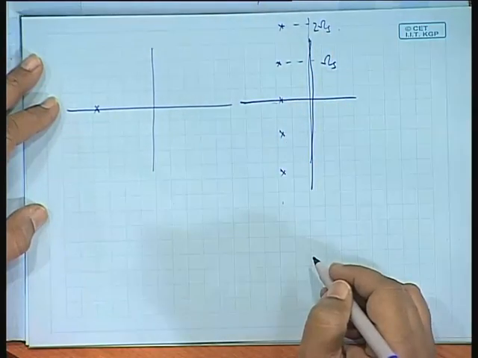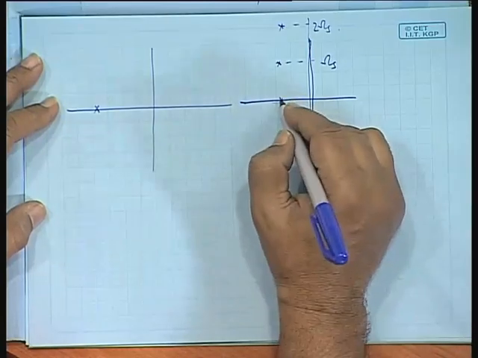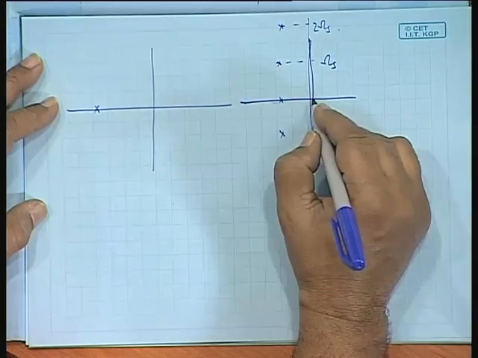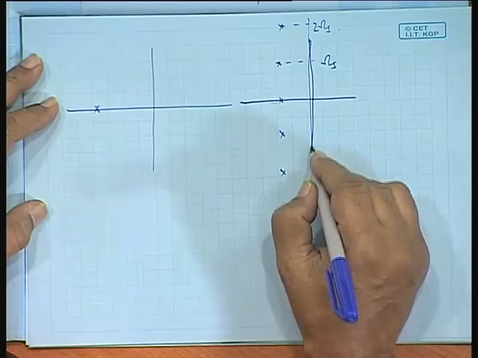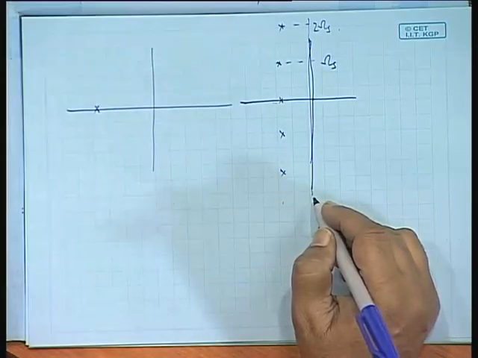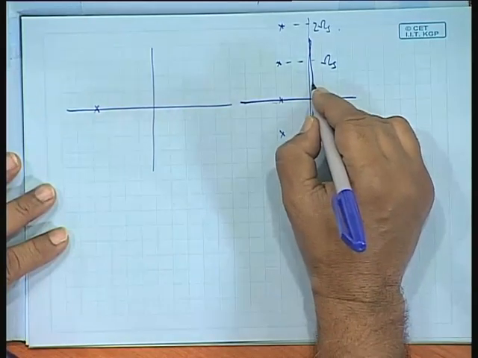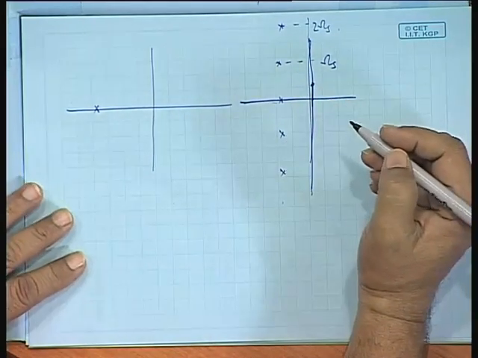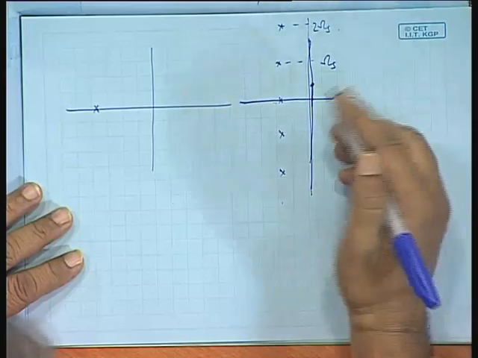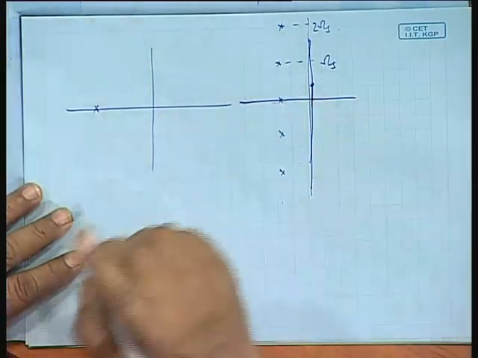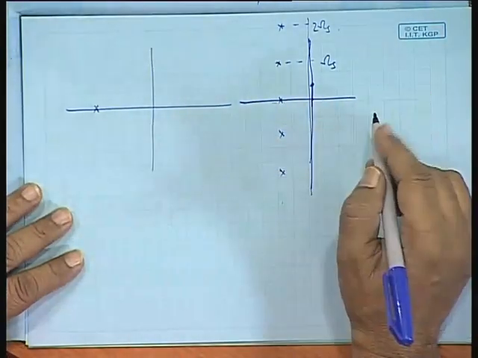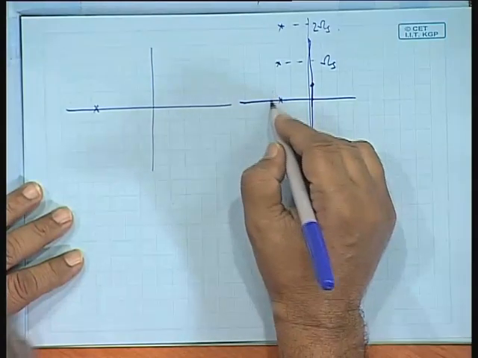Okay. Now, the effect of when I am traveling along this, you traverse the entire omega s, the imaginary axis. So, if I go along this at any point, what is the amplitude? I compute the amplitude by taking the distances of zeros and poles. Suppose there are zeros also.